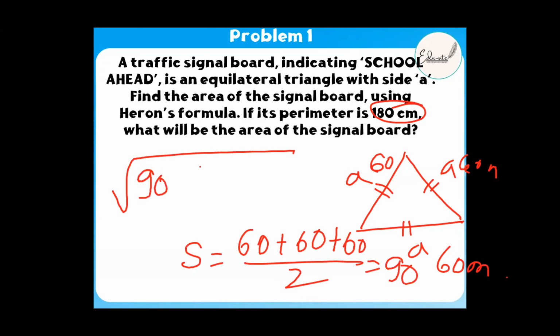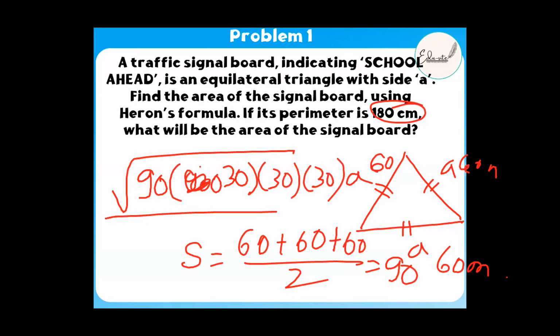So 90 multiplied by 90 minus 60, which is 30, multiplied by 30, multiplied by 30. Right, Laiba? Now, please tell me what is 90 into 30 into 30 into 30? Calculate the formula and tell me. Yes, Laiba. Calculate and tell.